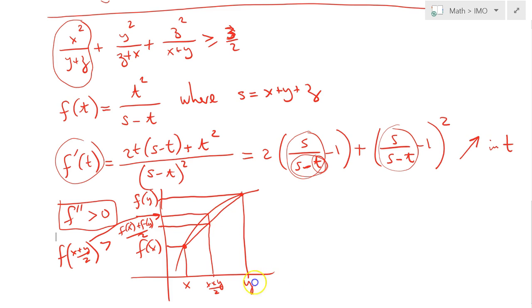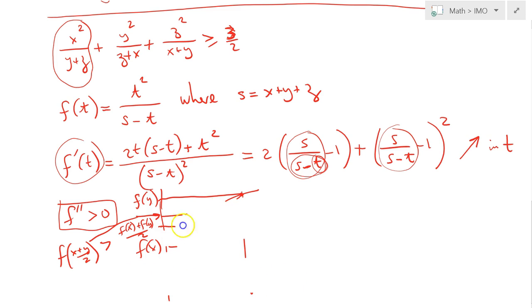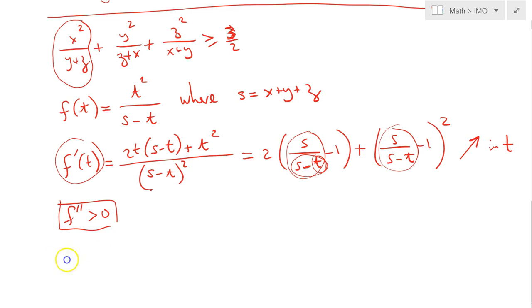So sorry for that. Let me just rewrite this. But you get the morals of the whole thing. So basically my function looks like that. It's increasing at an increasing rate in that sense. Okay, so let's just redo it.